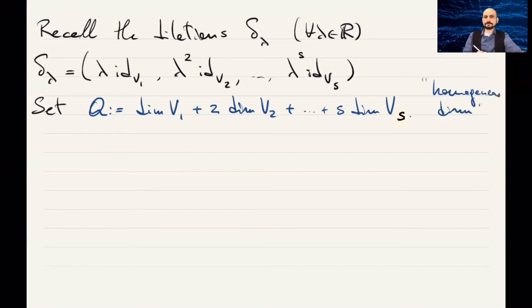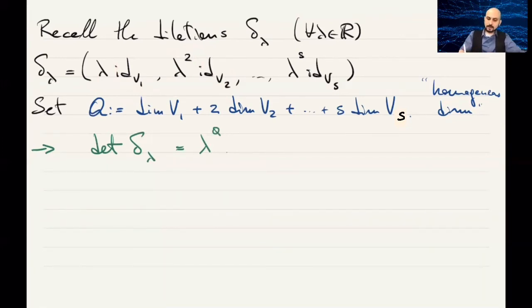The important formula for this Q is that the determinant of delta lambda is: you multiply lambda as many times as the dimension of V1, lambda squared as many times as the dimension of V2, and so on. So this determinant is equal to lambda to the Q. This is the important relation that Q has with respect to dilation.